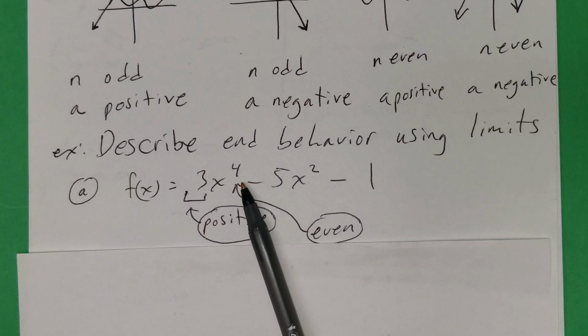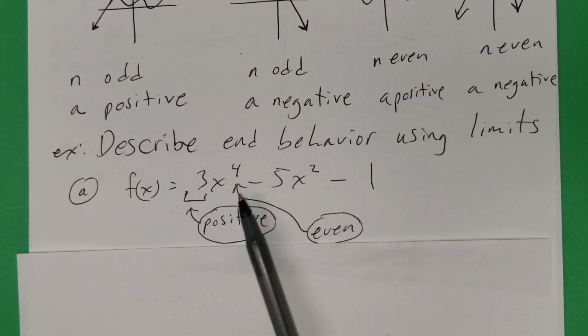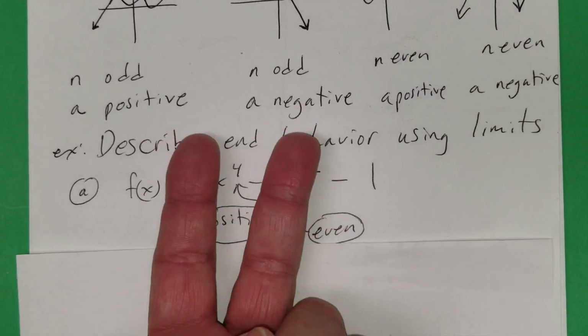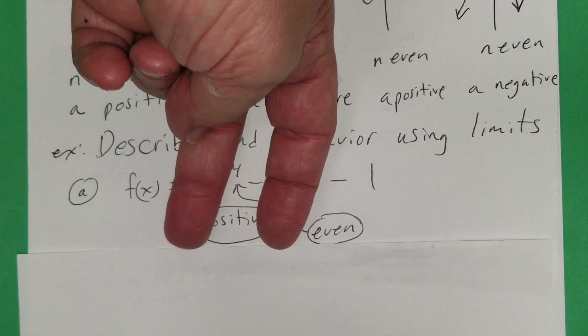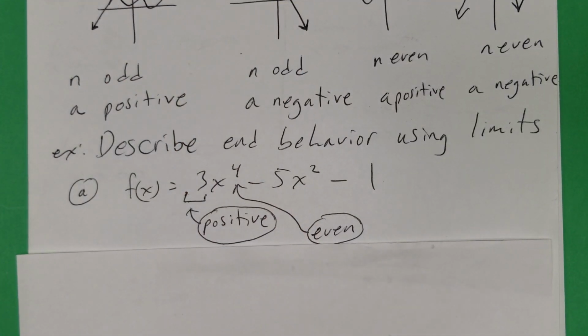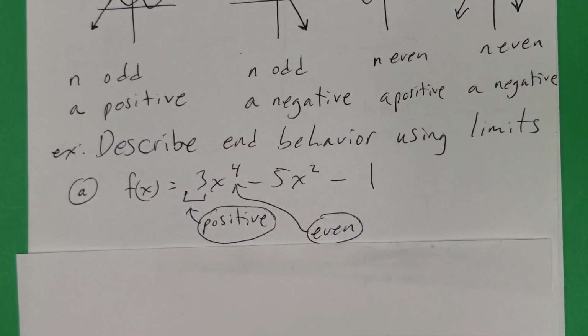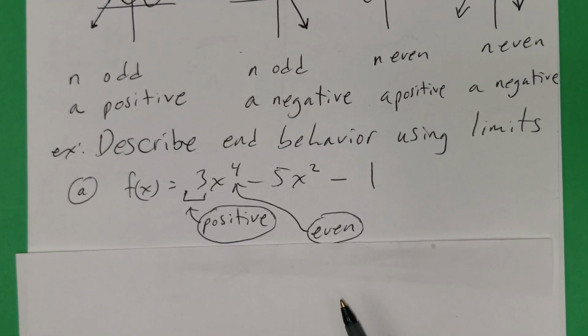That means both ends are going up or both of them going down. They both go up or they both go down. Right? The ends. What about the middle? Okay, that's not what we're talking about here. We don't know what's going on in the middle. We are talking about the ends right now. That's all we can do is talk about the ends just by looking at the leading coefficient. So they're both up or both down. So which is it? Is it both up or both down?